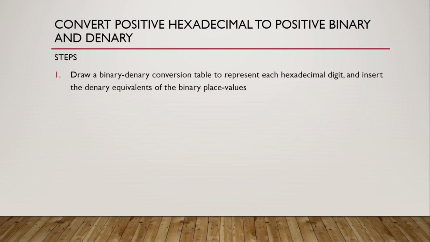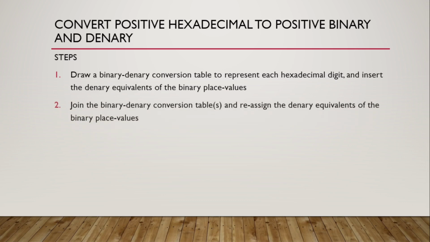So the first step is to draw a binary denary conversion table to represent each hexadecimal digit and insert the denary equivalents of the binary place values. The second step is to join the binary denary conversion tables and reassign the denary equivalents of the binary digits.